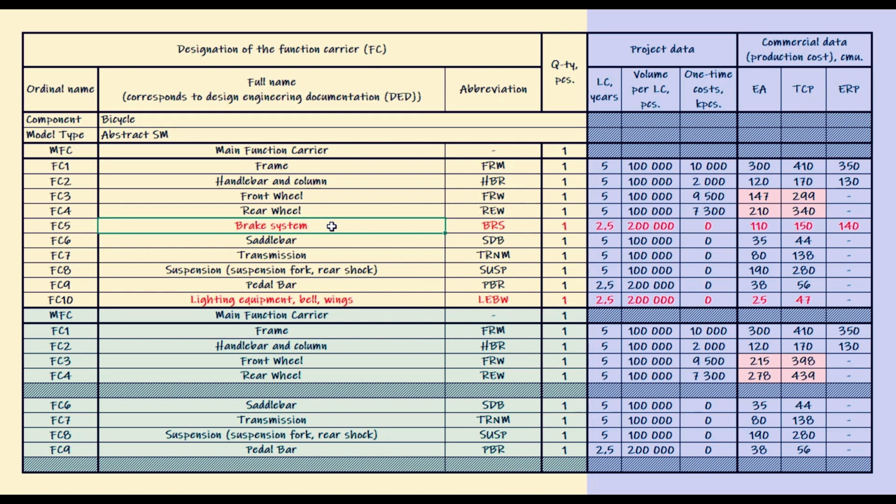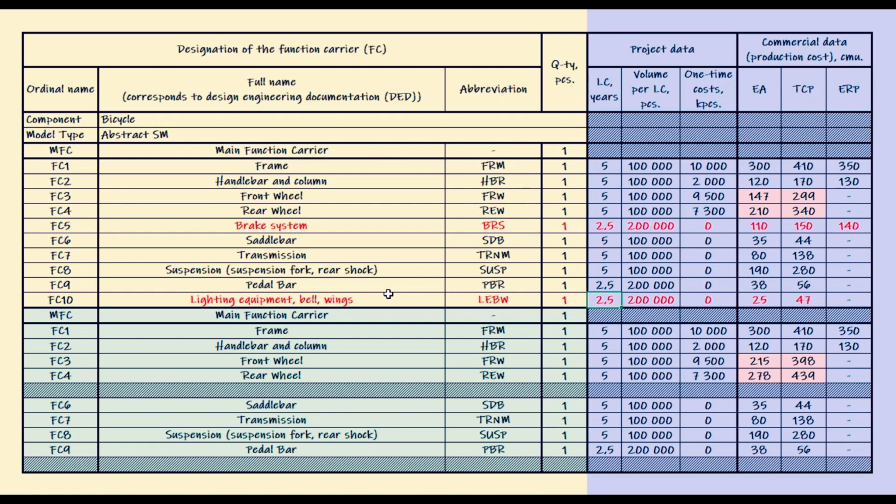We neglect the difference in the price of hydraulic or mechanical lines, with a distribution coefficient of 0.5. The bell and lighting equipment are also distributed on the wheels with coefficients of 0.5.